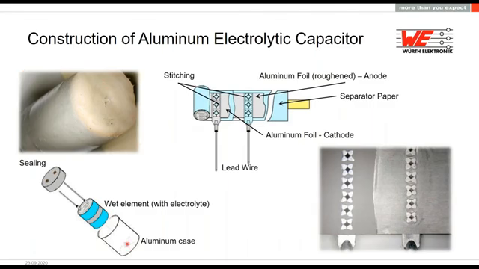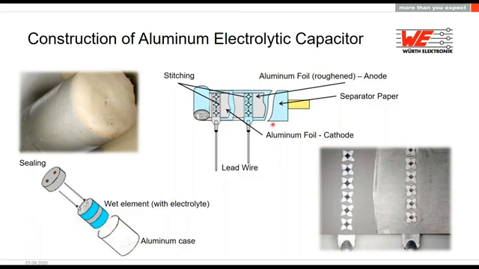In the lower corner, you see what kind of components are placed to build up an electrolytic capacitor. You have your aluminum case, then your element with the pins already there with electrolyte, and then your sealing, your rubber, to make it a complete system, everything sealed.